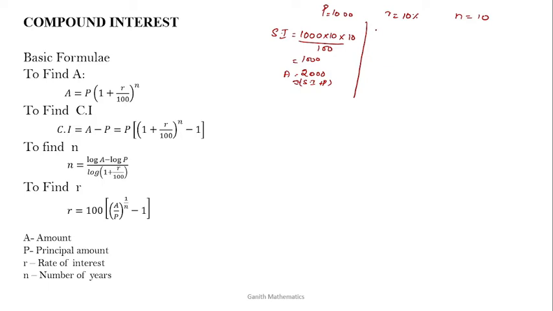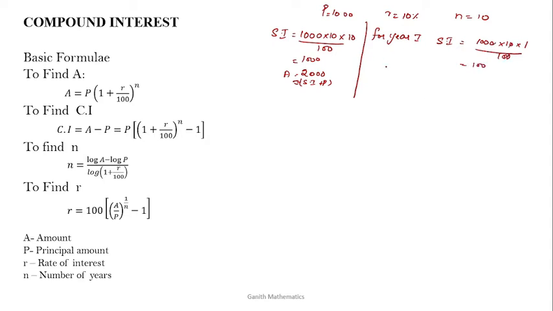For example, for year 1, the simple interest will be 1000 rupees into 10% into 1 year divided by 100. So it would be 100 rupees.